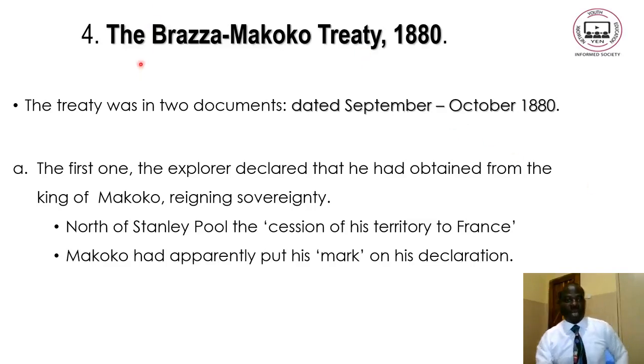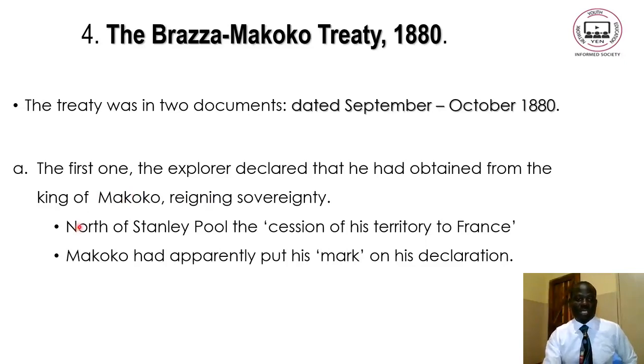And the fourth one was the Brazza-Makoko Treaty in 1880. The treaty was in two documents dated September to October 1880. In the first, the explorer declared that he had obtained from the king of Makoko reigning sovereignty, to say France had been given the mandate to reign over the Congo area by the king.